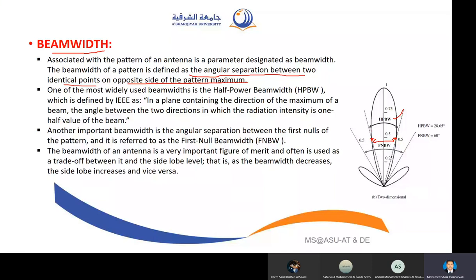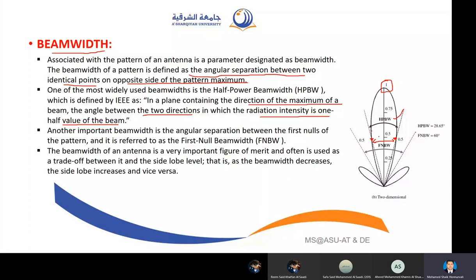According to IEEE, the definition states that in a plane containing the direction of the maximum beam, it is the angle between the 2 directions in which the radiation intensity is 1/2 the value of the beam maximum. If you consider the power pattern, it is half of the maximum value. What is the maximum here? 1. Half means 0.5.